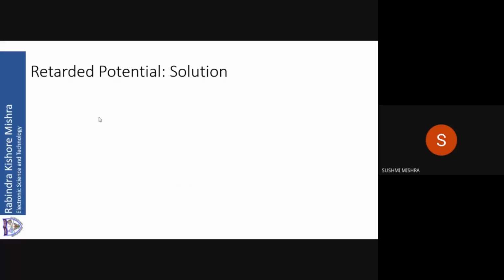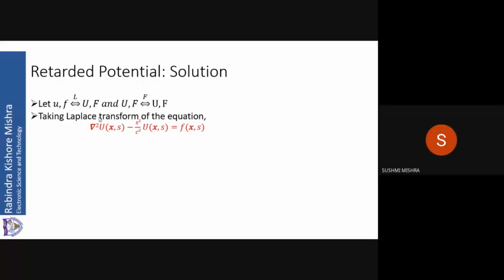Then for the solution, we resorted to the method of Laplace transformation and Fourier transformation. The equations for E and phi are dependent on space and time, which means these are spatio-temporal variation equations.